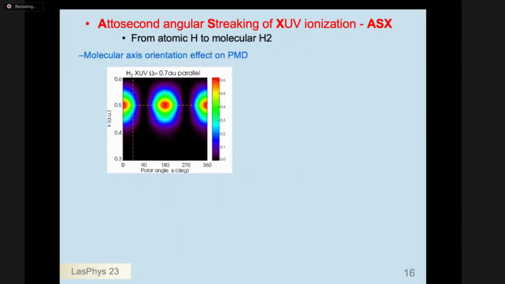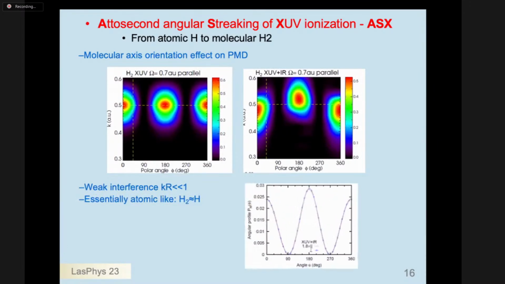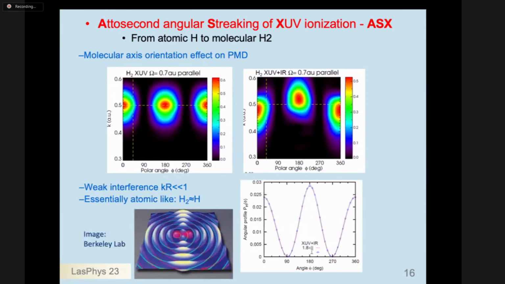So our next target is molecular hydrogen, and if the photoelectron energy is not very large, then there is no difference because we are in the weak interference regime. So the hydrogen molecule is essentially atomic-like, and this is very simple to understand from this interference pattern.